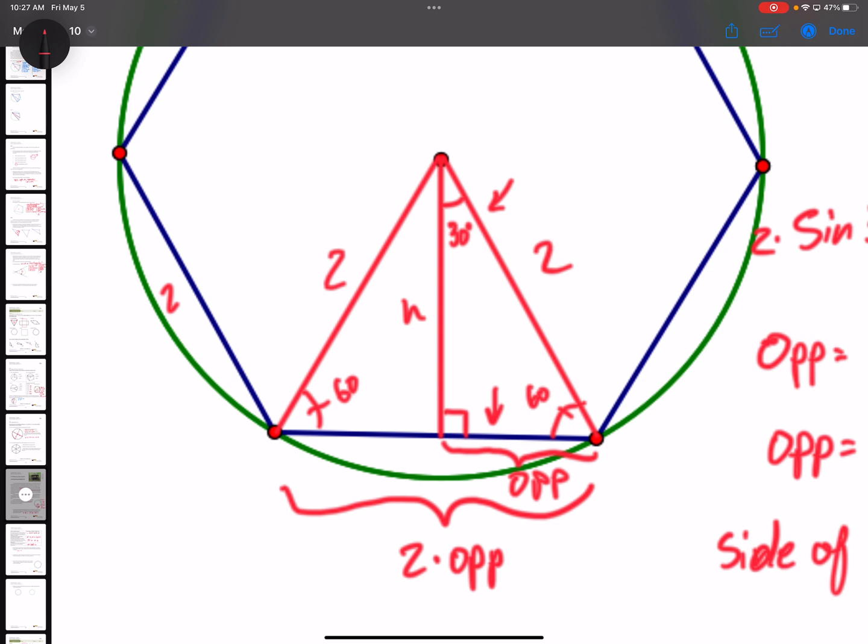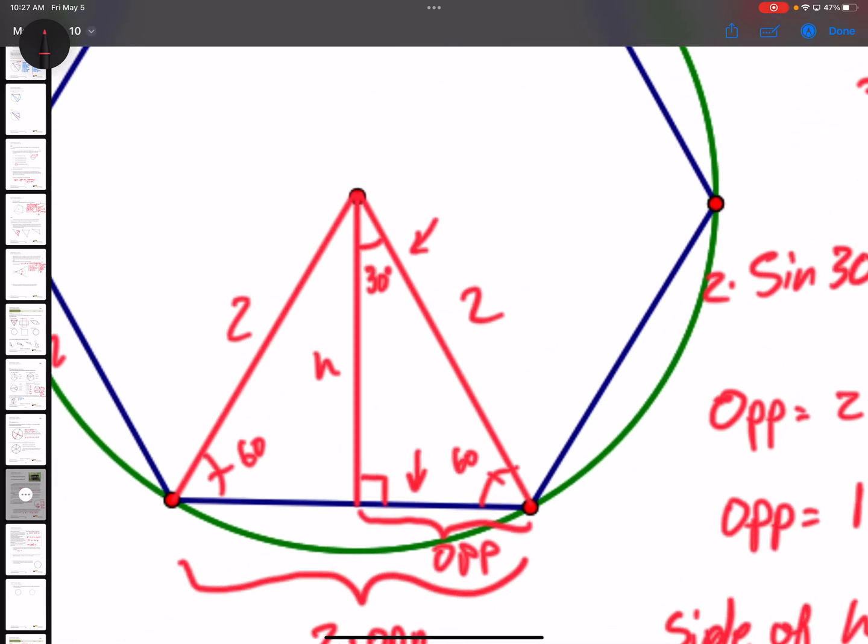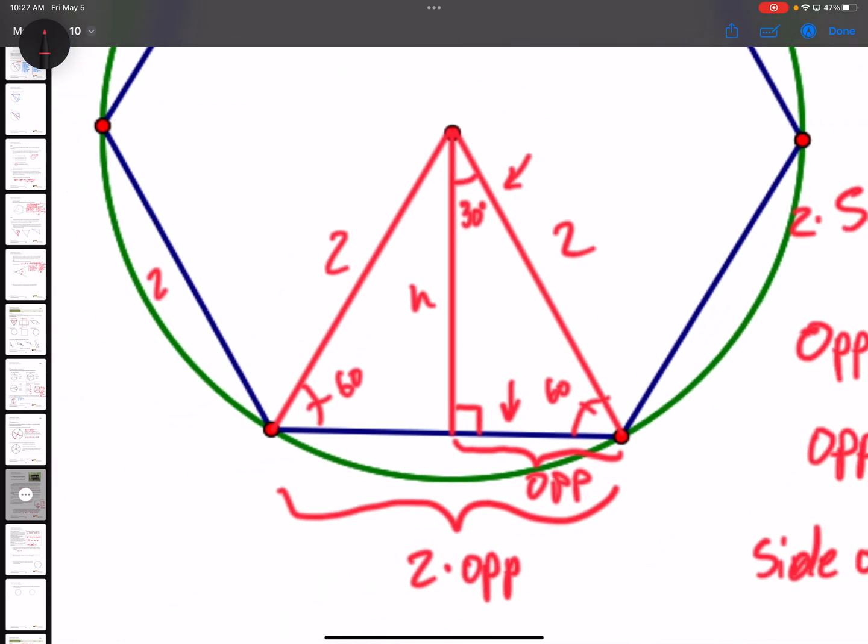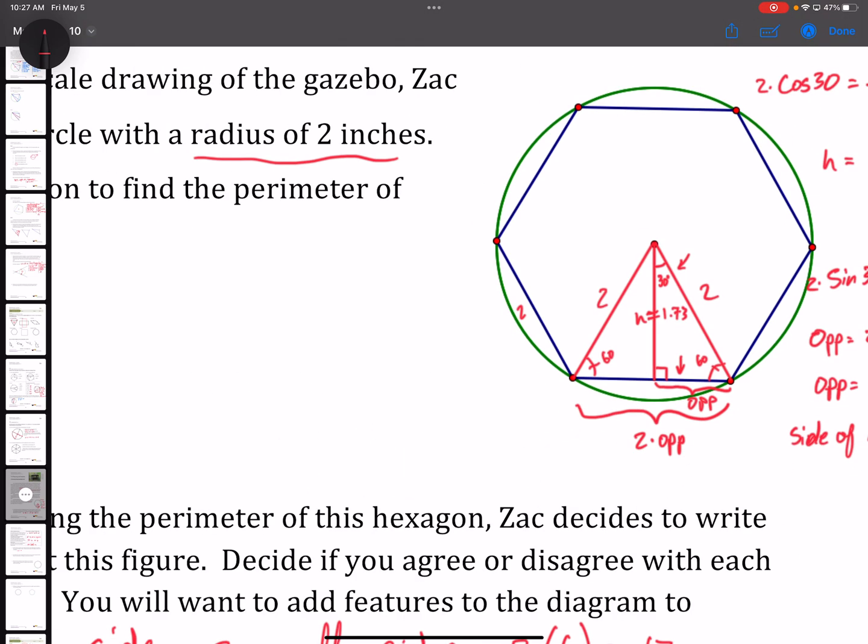Well, that's of a circle, right? So that would only help us for the circle. We need to find the area of a hexagon. And now we know what h is, right? We know that h is equal to 1.73.